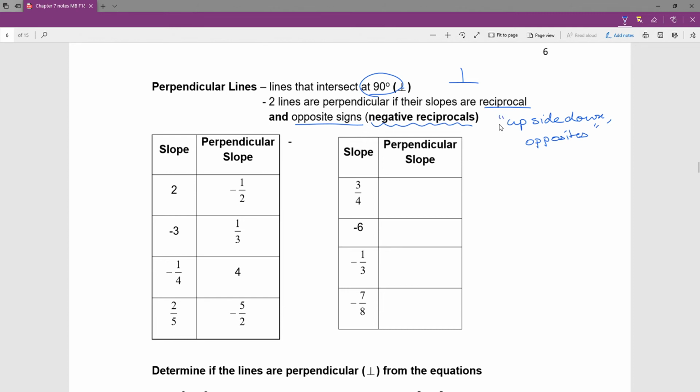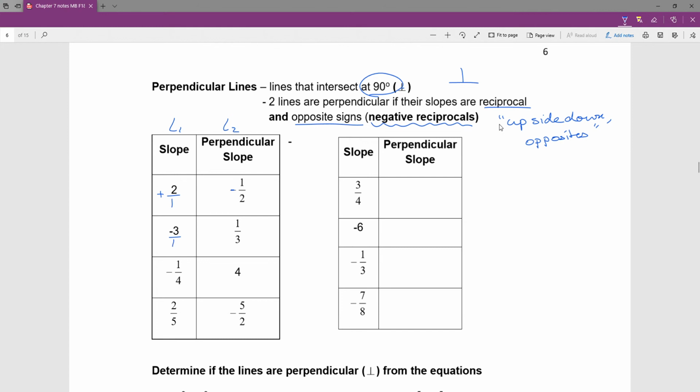So if we go through these examples, we can take a look at that. If line 1 had a slope of 2, which we know is 2 over 1, line 2, if it was perpendicular to it, would be an upside down version of that fraction. And because this was positive, this is negative. So those two slopes would be perpendicular to each other. Working through the next one, I see that the slope for line 1 would be negative 3, which is negative 3 over 1.